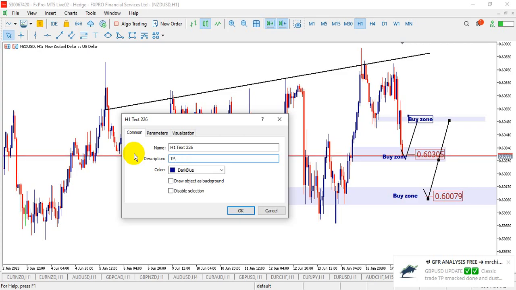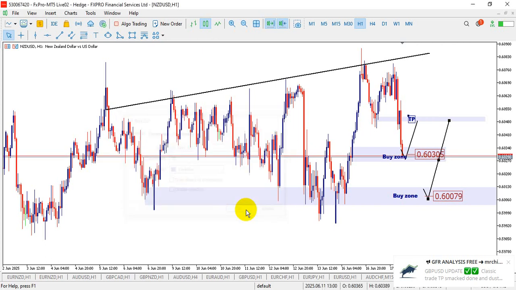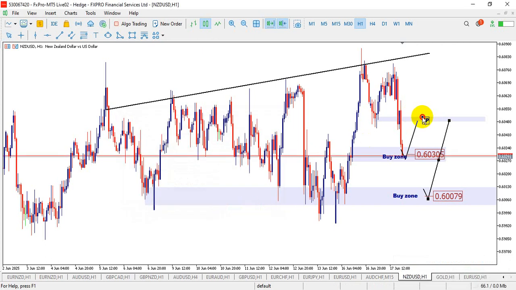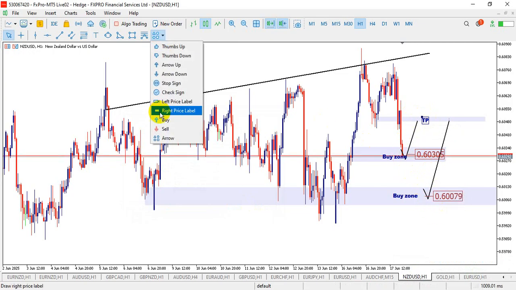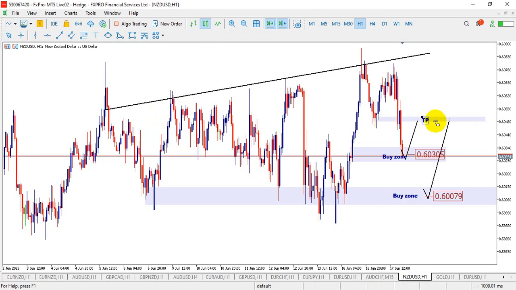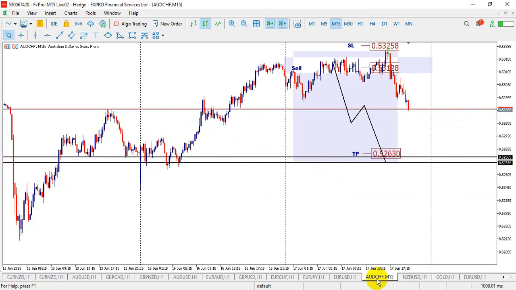So that's why I'm taking it as my TP zone. So this should be your TP zone if you are taking entry in any of this level, and that should be around 0.6487.